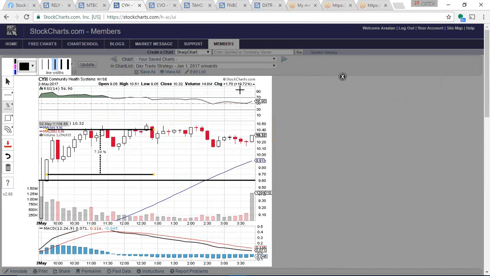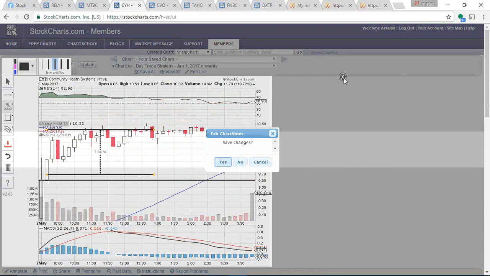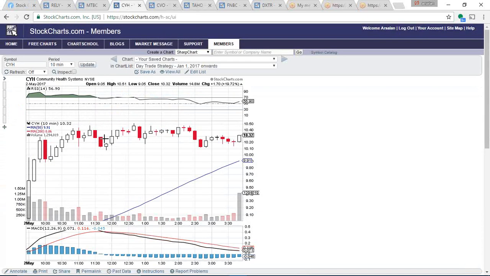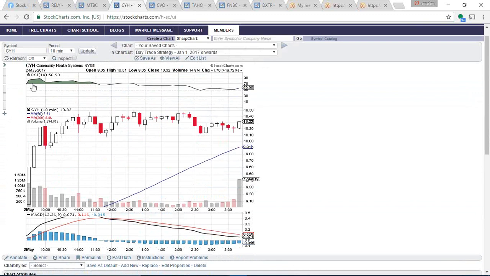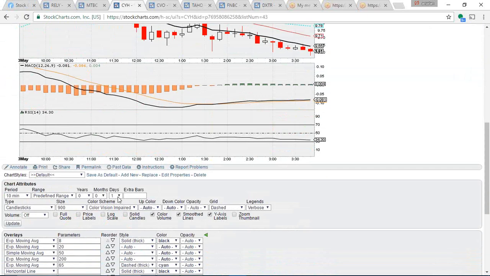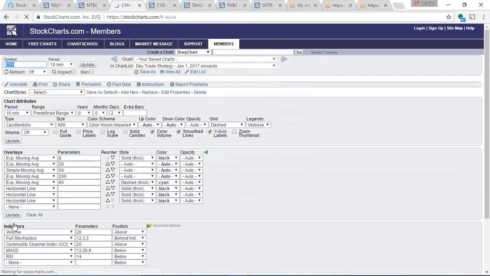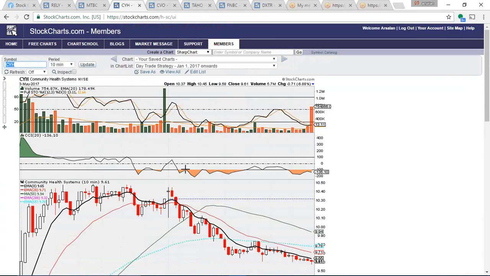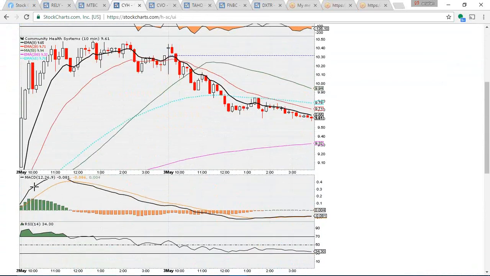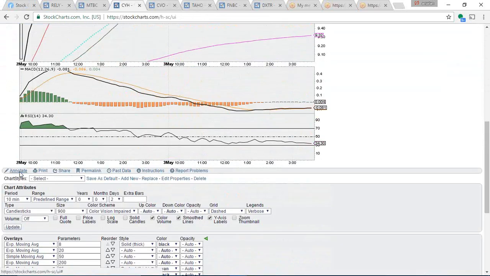Let me change this chart over to what we're used to, that way you can see it in a better view. And I'll do a 2-day chart to see how it ended up as well. Okay, let me go and draw my lines again.